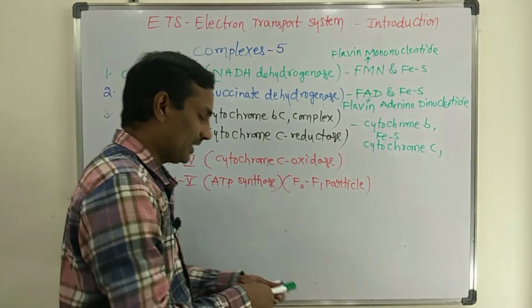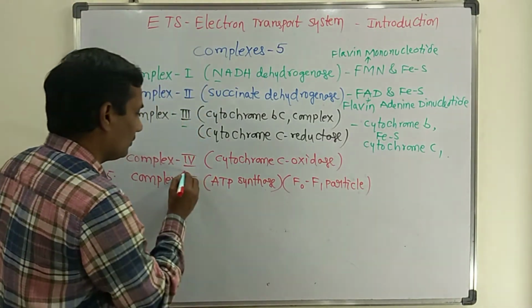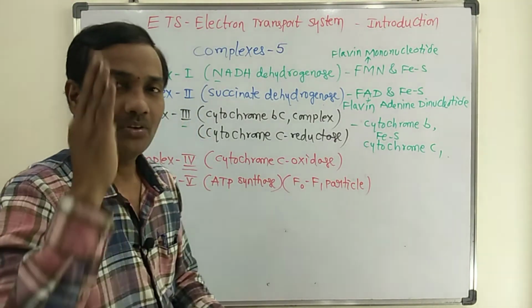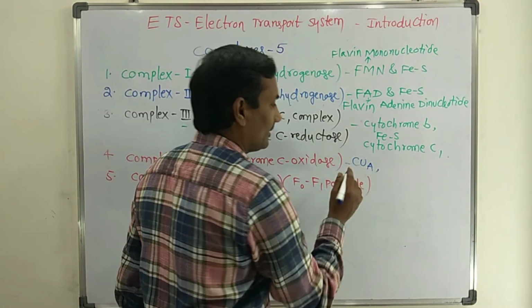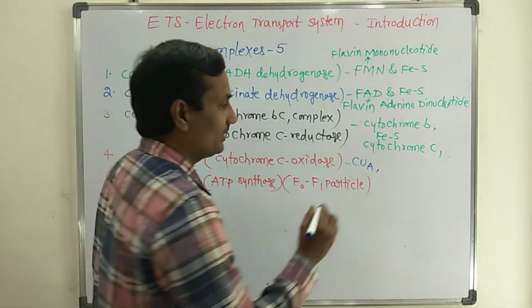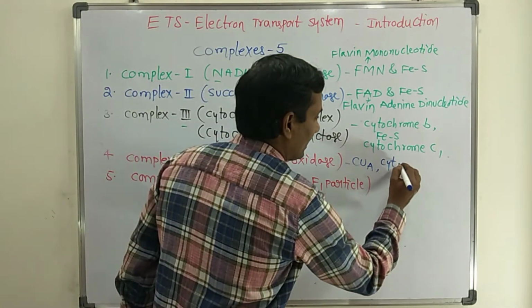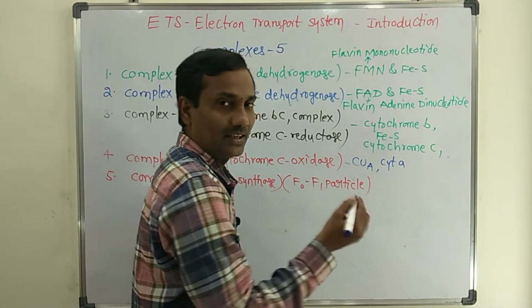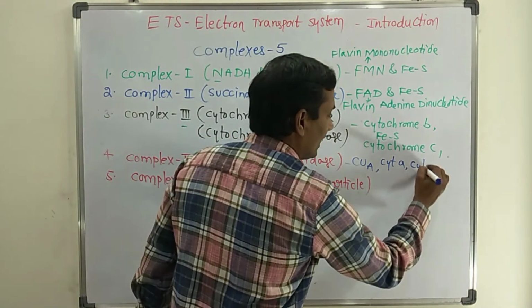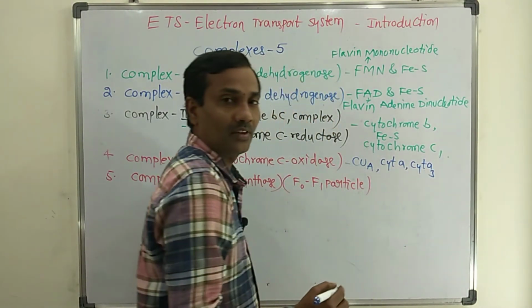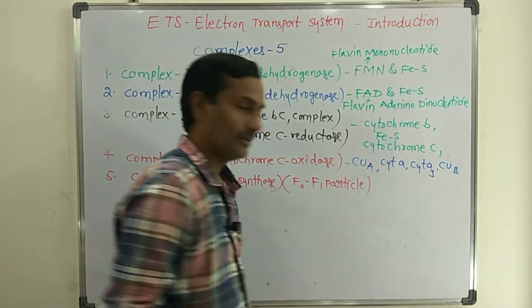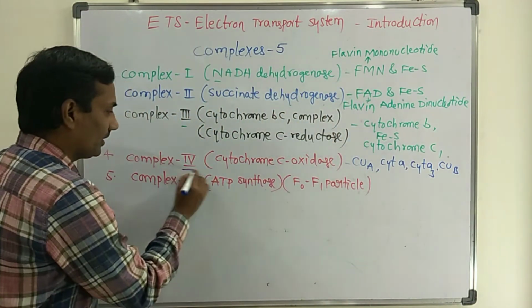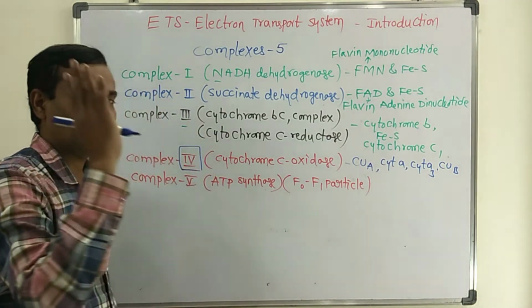Next, complex 4. Complex 4 consists of 4 components: copper center A is the first one. Next, cytochrome A, the second component, and cytochrome A3, and last and final, copper center B. Complex 4 has 4 components.